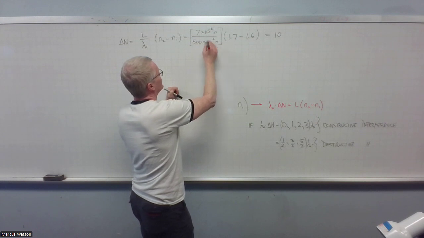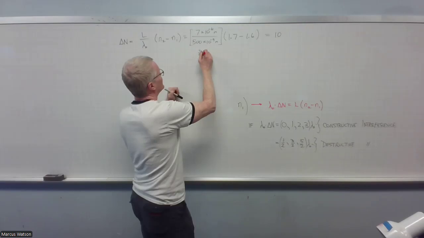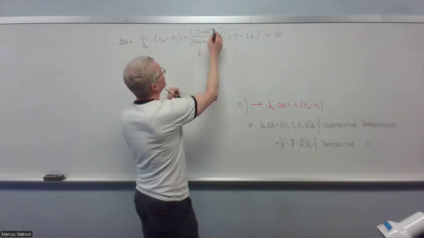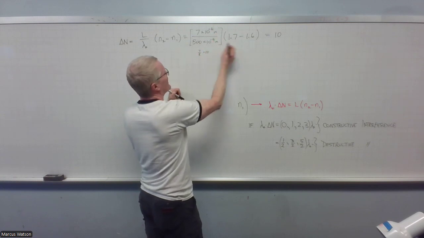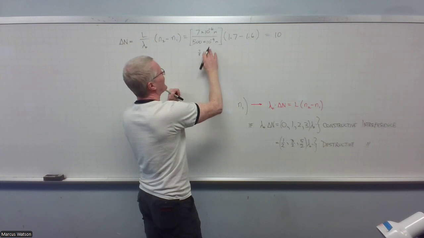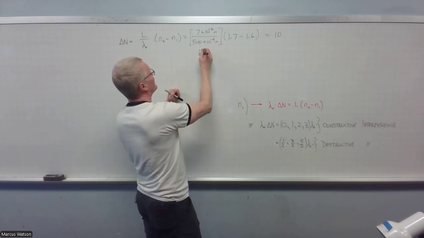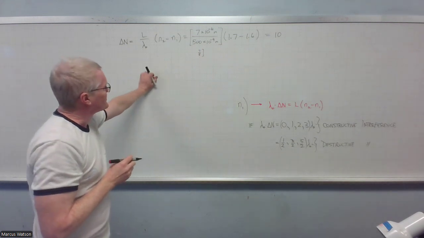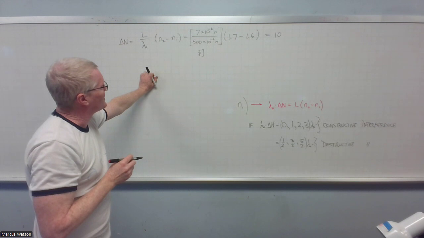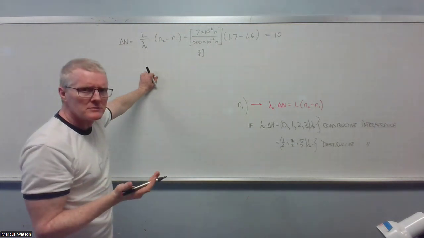So this is going to leave you with 7/5 divided by 10. What did I say this was? 7 times 10 to the minus 6, 10 to the minus 7. No, times 10. But that 10 is going to get taken away by that 10. So the wavelength difference is essentially 7/5, which is what, 1.4 or so?